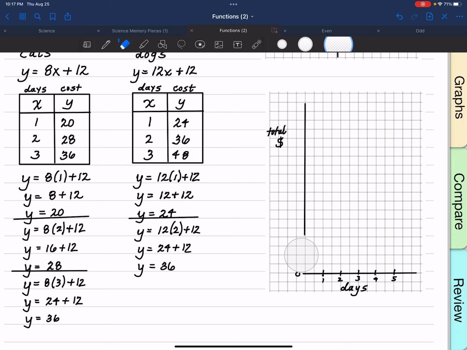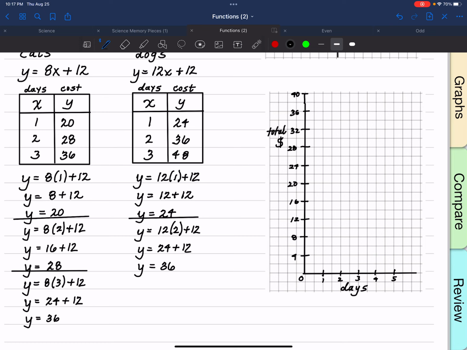So 0, 4, 8, 12, and remember these are dollar amounts, 16, 20, I bet I don't have enough, 24, 28, 32, 36, there would be 40. We can probably get by here.